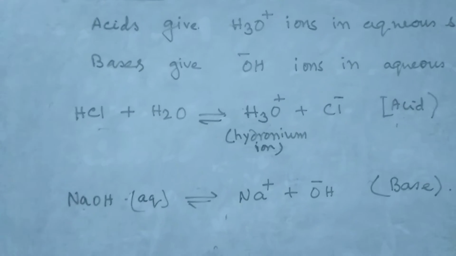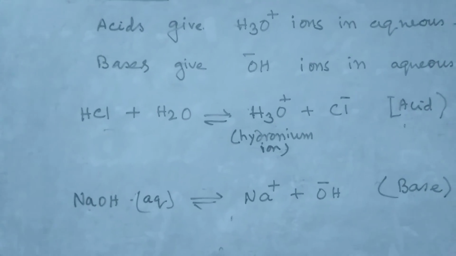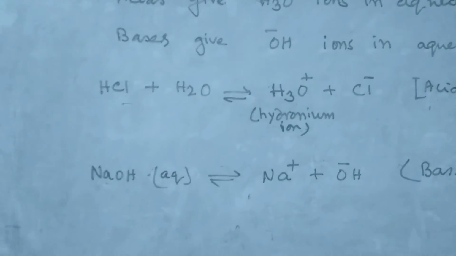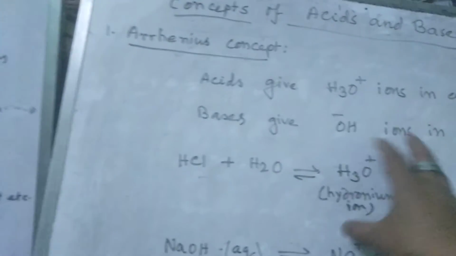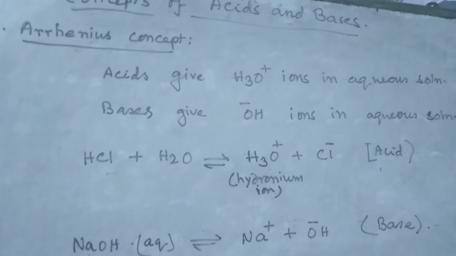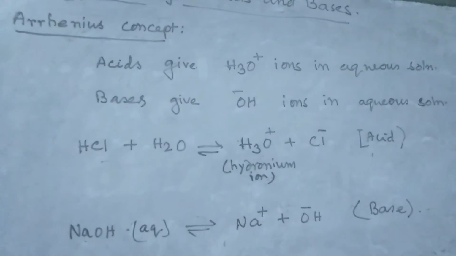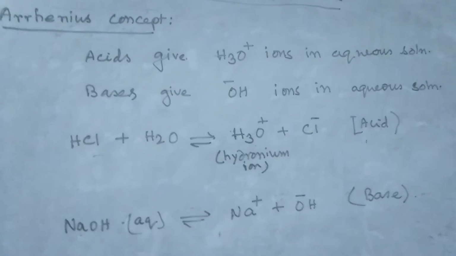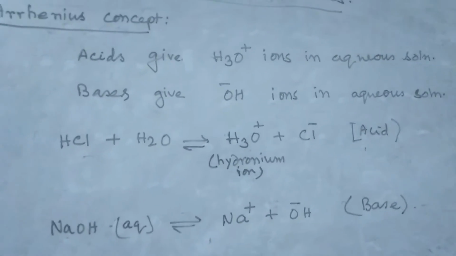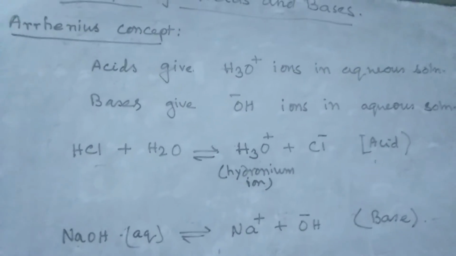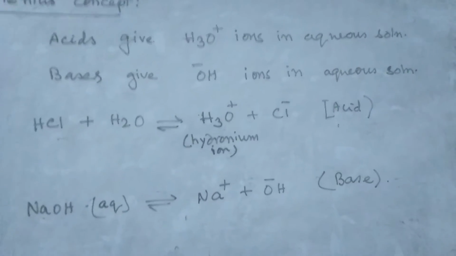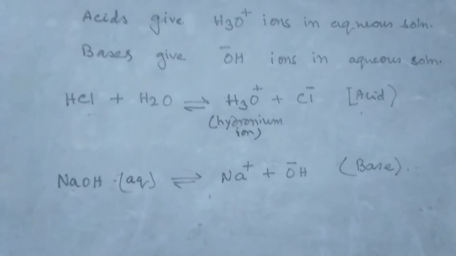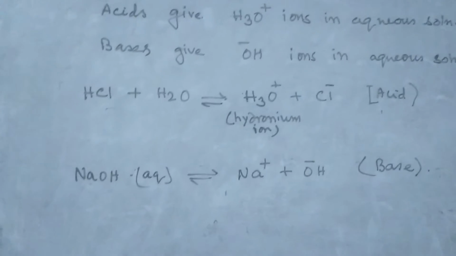Now the relative strength of acid and base depends upon how much the acid is dissociated. That means how much H3O plus ion is coming from the acid in the solution. The larger the amount of H3O plus ion given by the acid, the stronger the acid. Similarly, the larger the amount of OH minus ion given by the base, the stronger the base. So it depends upon the dissociation of acid and base.